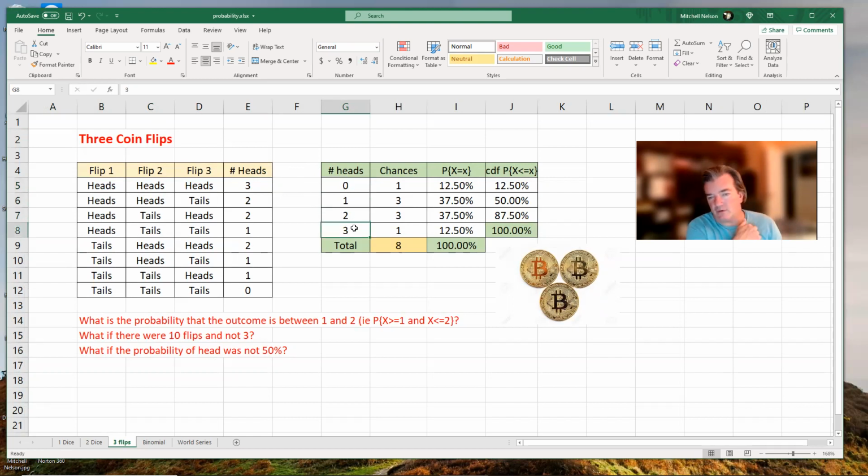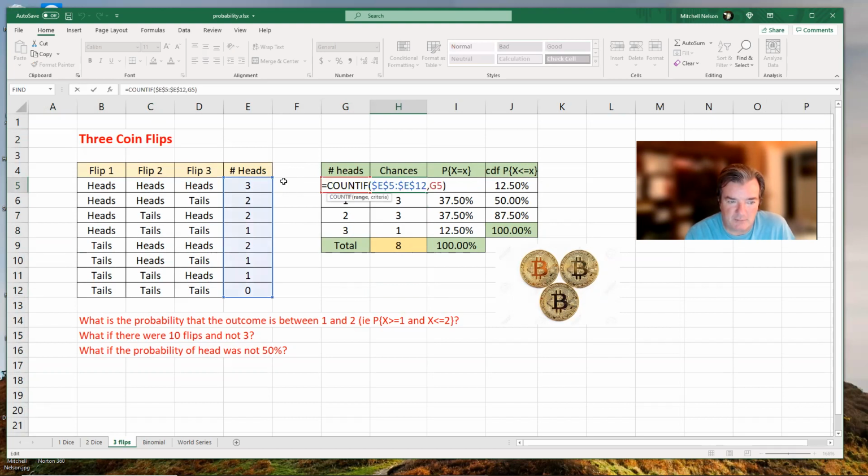There's no way to have 4 heads. You're only flipping 3 coins. So once again, we have to figure out how many chances there are of all the outcomes, and we're assuming all the outcomes have an equal chance as each other. So I'm going to count up all the times I see 0 in this range.